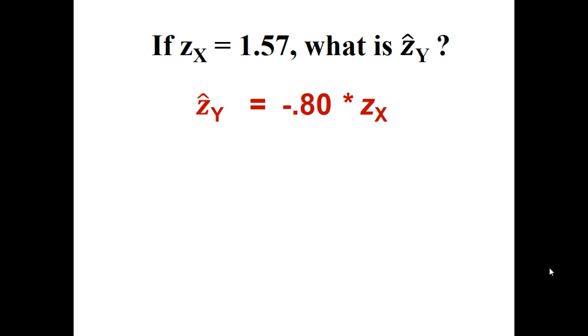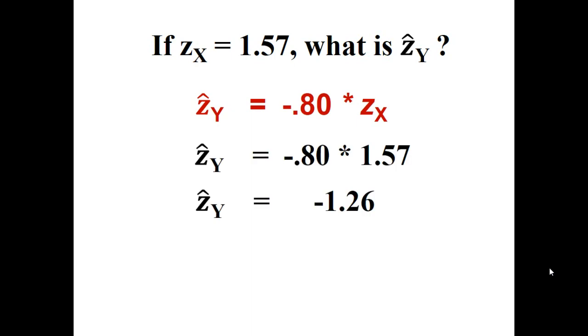But here's the answer. The answer is the z of y is equal to negative 1.26. And here you can see I worked it out so you can get it. It's z of y is equal to negative 0.80 times z of x. In this case, the z of x is 1.57. So the z of y is equal to negative 0.80 times 1.57.